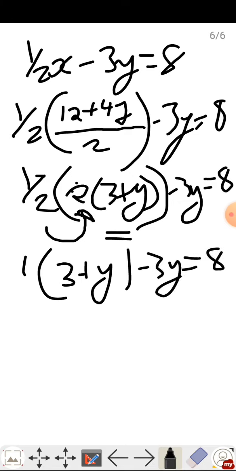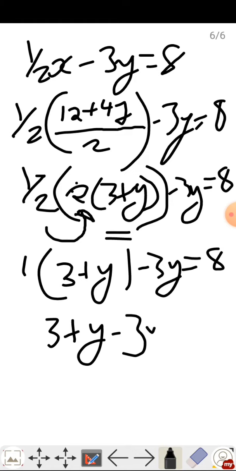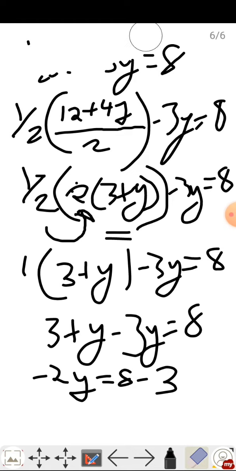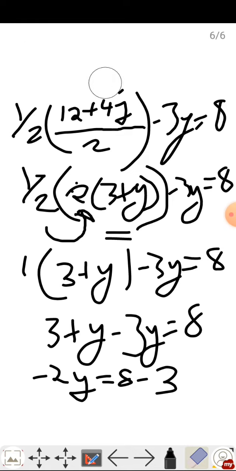Okay, so 1 times 3, so it's still the same thing because 1 multiplies everything inside. Okay, then the 3 has to go the other side like terms together, so you remain with minus 2y, giving us what? 8 minus 3. Okay, so I'll delete here on top just to finish this up.